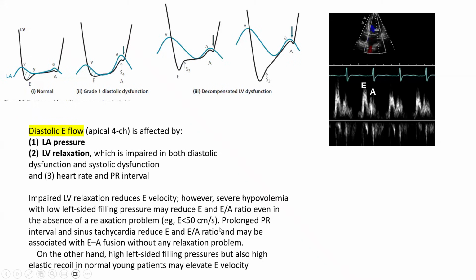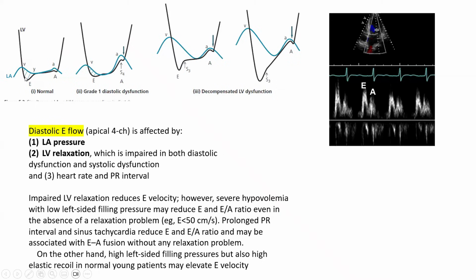But like I said, a reverse E to A with an E less than 50 centimeters per second may be used to say you have normal LA pressure without necessarily implying diastolic dysfunction. On the other hand, high left atrial pressure, but also high pronounced LV elastic recoil and relaxation with a deep dip in early diastole, may cause a big E wave in young individuals even without a high LA pressure.